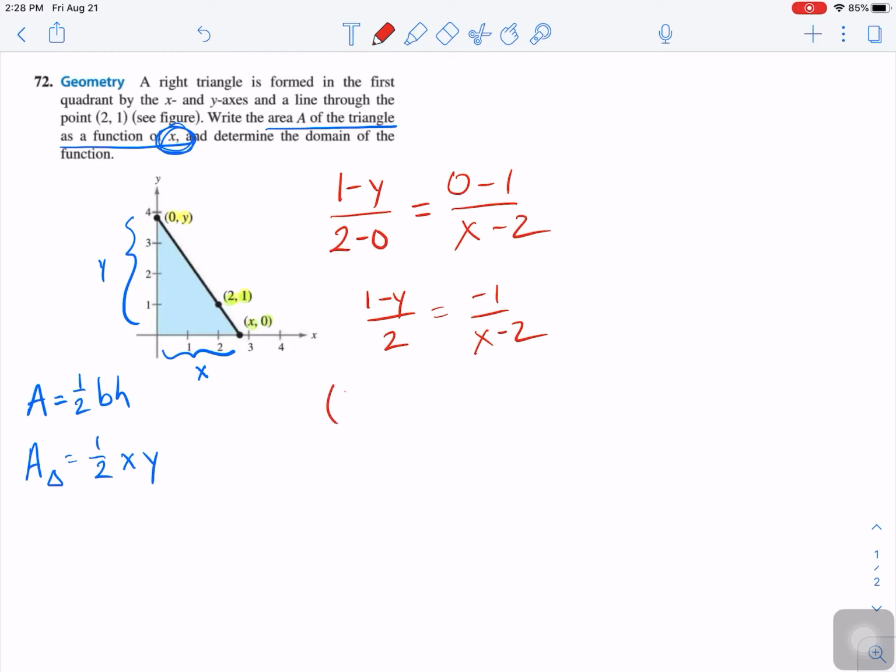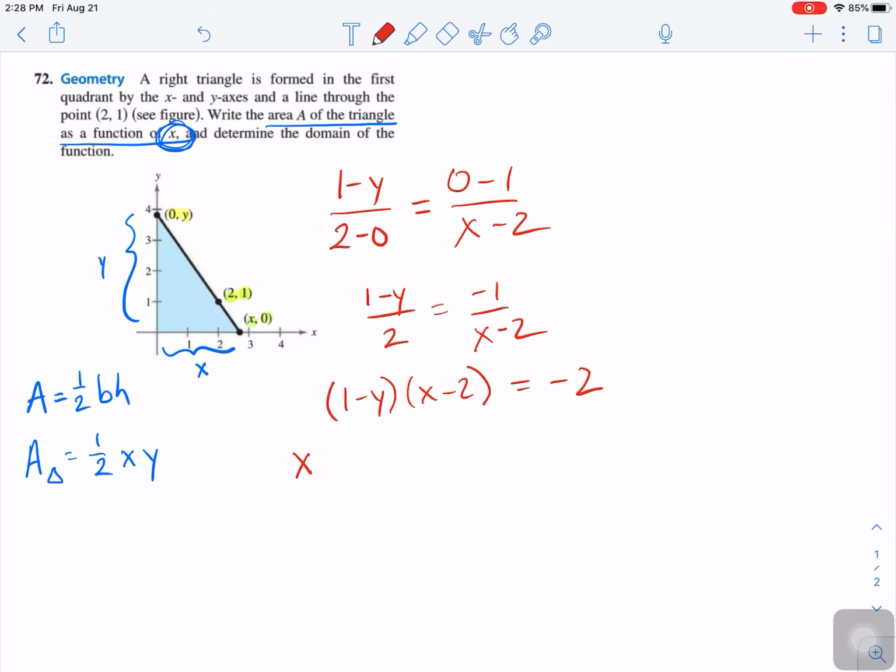Now I'm going to cross multiply, and then I'm going to FOIL. Oops, I lied. Okay, now the goal is to get everybody with a y on one side, everybody else on the other.